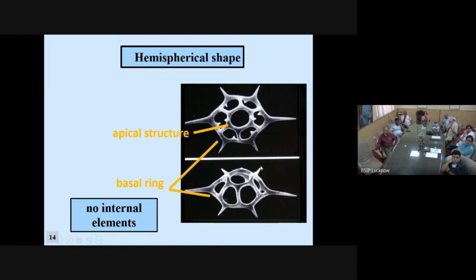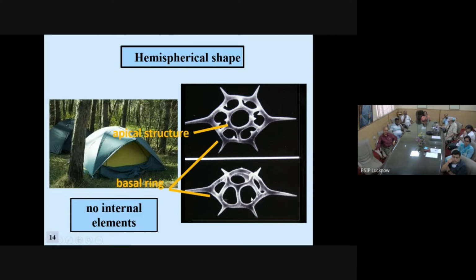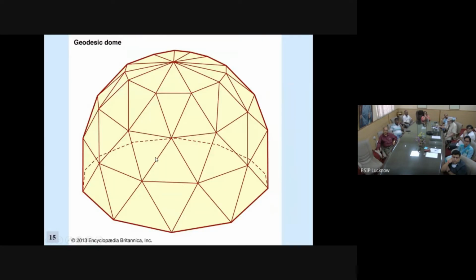If you want to try to imagine this, and perhaps my two-dimensional drawing helps, think of a camper's dome, the skeletal elements, the tent itself. That is basically what a silicoflagellate skeleton does. And as I said, all these skeletal components are meeting in triple junctions, so the general structure is something like a geodesic dome.